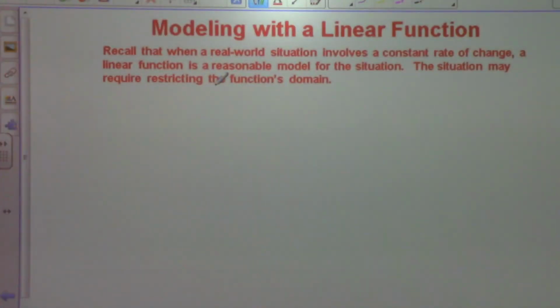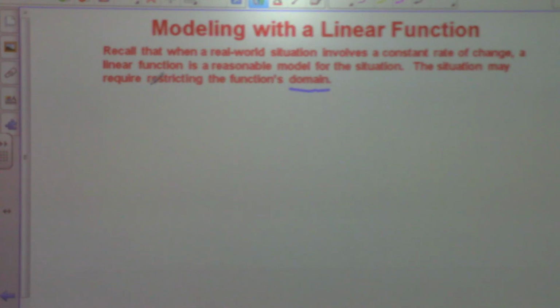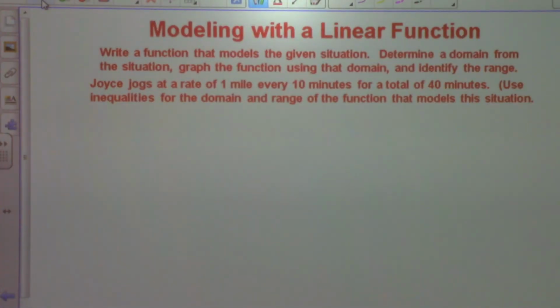Okay, real world situation. Now Stephen mentioned real world situation earlier. So we might have to restrict the function's domain, right? So here we have a situation where Joyce jogs at a rate of 1 mile every 10 minutes for a total of 40 minutes.